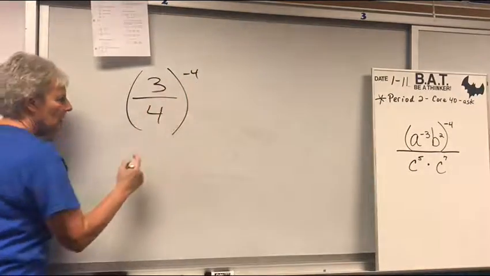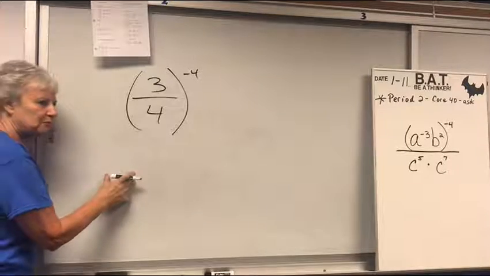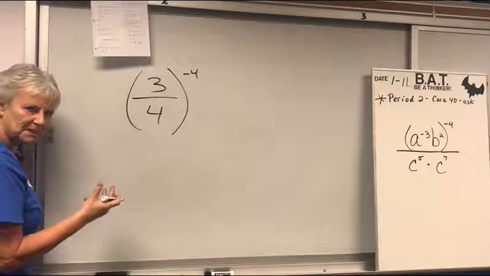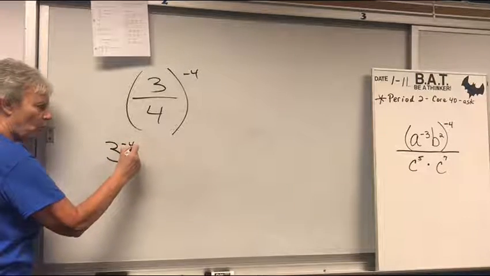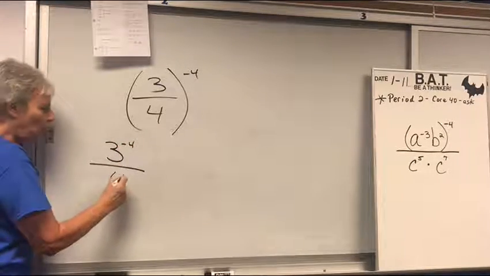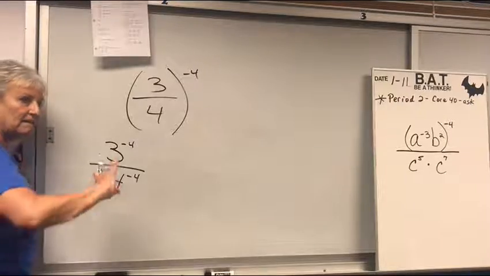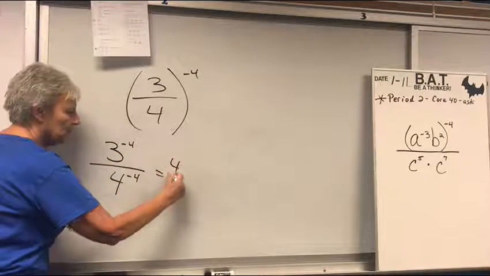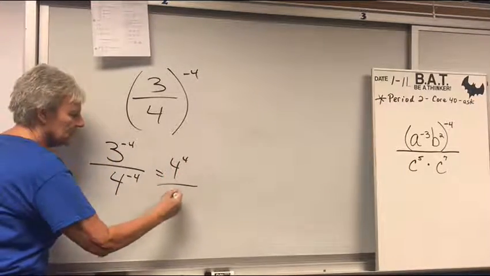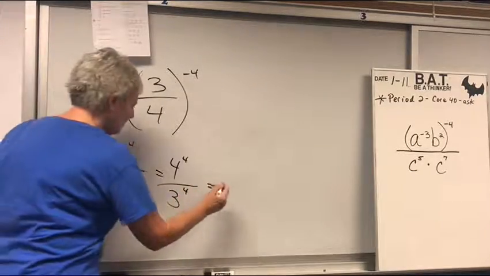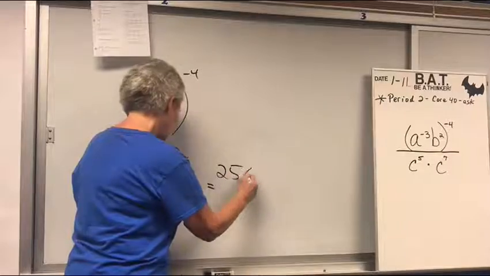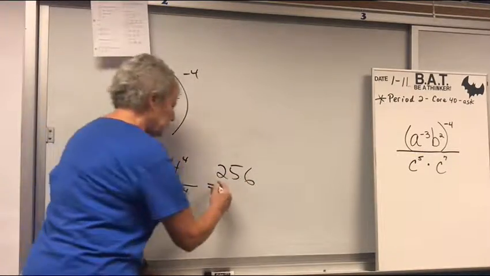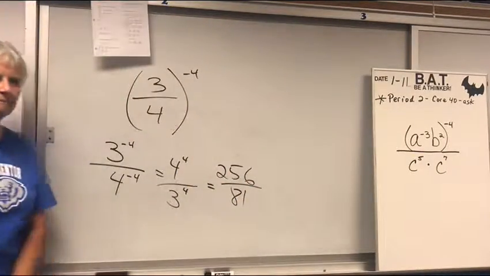All right, that's 3/4, 3/4, 3/4, 3/4, flipped. I'll show you why. 3 to the negative 4 over 4 to the negative 4. Flip it. 4 to the 4th, 3 to the 4th. 4 times 4 times 4 times 4, yikes, 256. 3 times 3 times 3 times 3, 81.